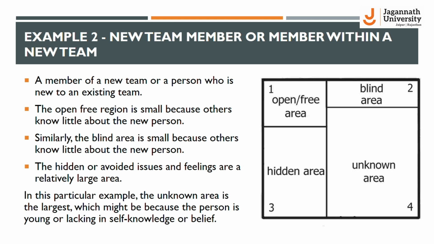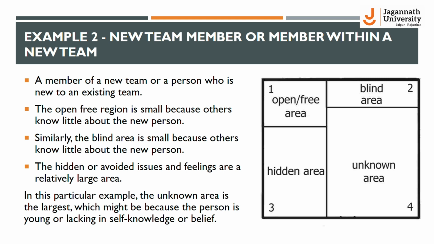Then we will take example 2, a new team member or a member within a new team. For a member of a new team or a person who is new to an existing team, the open free region is small because others know little about the new person. Similarly, the blind area is also small.